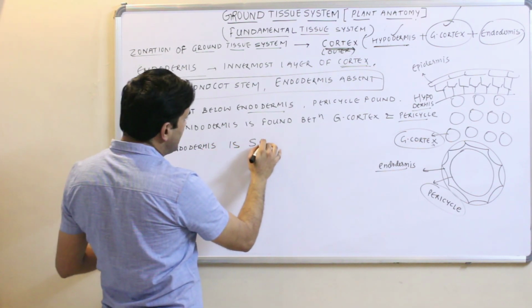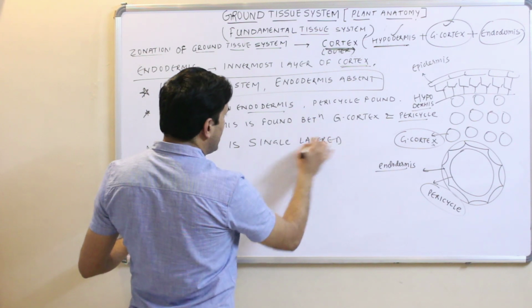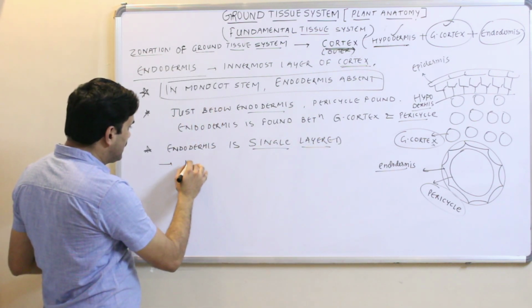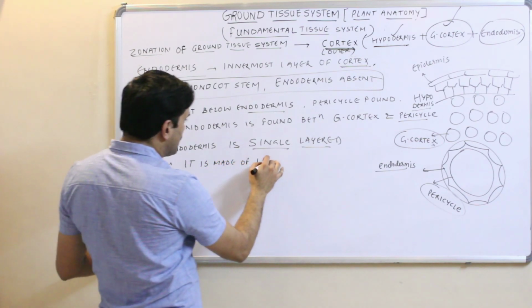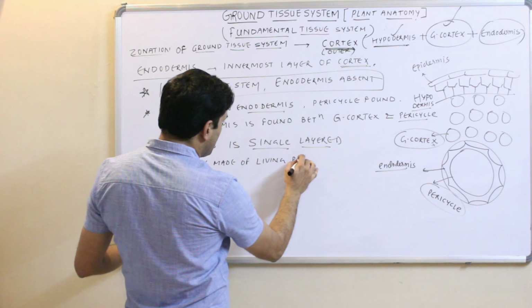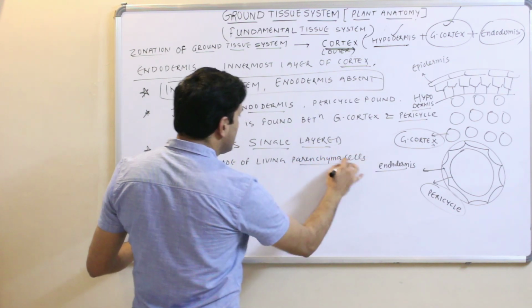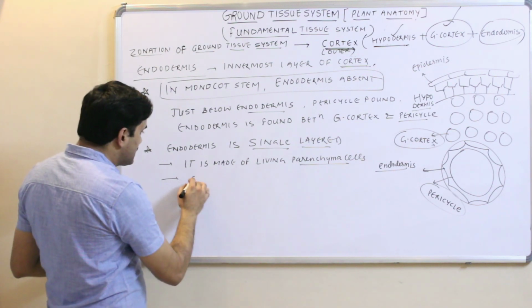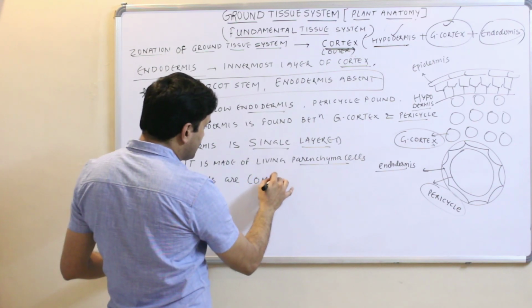Now, endodermis is single layered. It is made of living parenchyma cells. Cells are compactly packed.